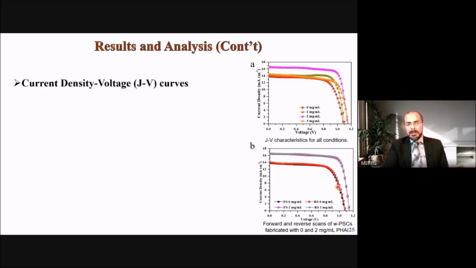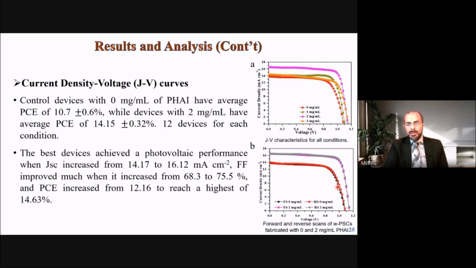Also, this is a different characterization we use in solar cell research areas. We use IV characterization curves and JV curves. So in picture A, we have all the conditions 0, 1, 2, 3, and you can tell from the graphs that the JV curve is the best one.